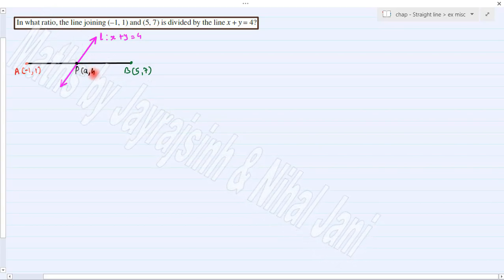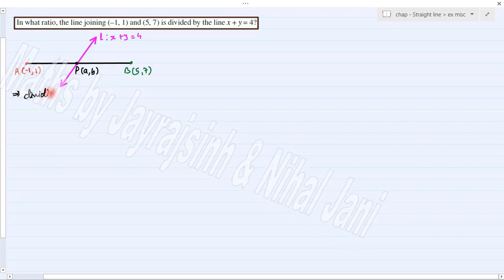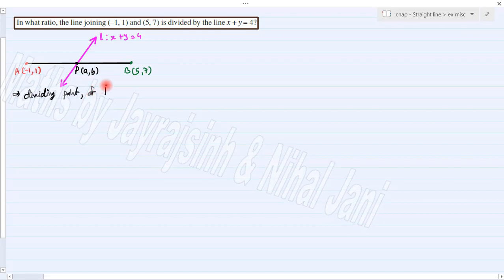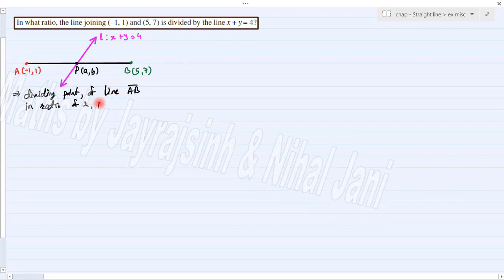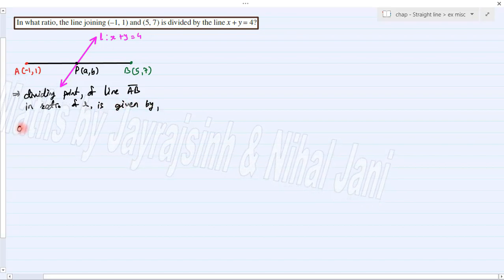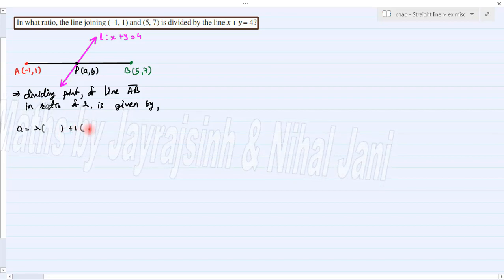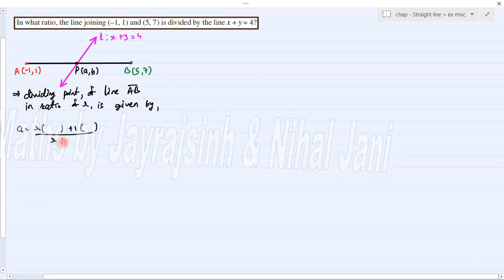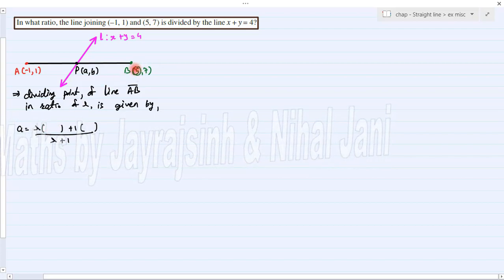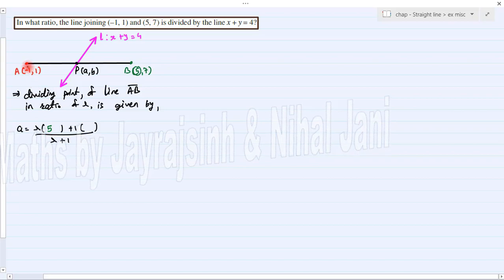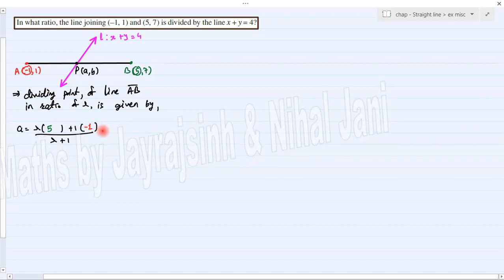Let's say its coordinates are A, B. Now, we know that the coordinates of the dividing point of line AB in the ratio of, let's assume lambda, is given by A is equal to lambda bracket plus 1 bracket upon lambda plus 1, and in the first bracket we have to substitute the x coordinate of the opposite end, and in the second bracket the x coordinate of the home point.